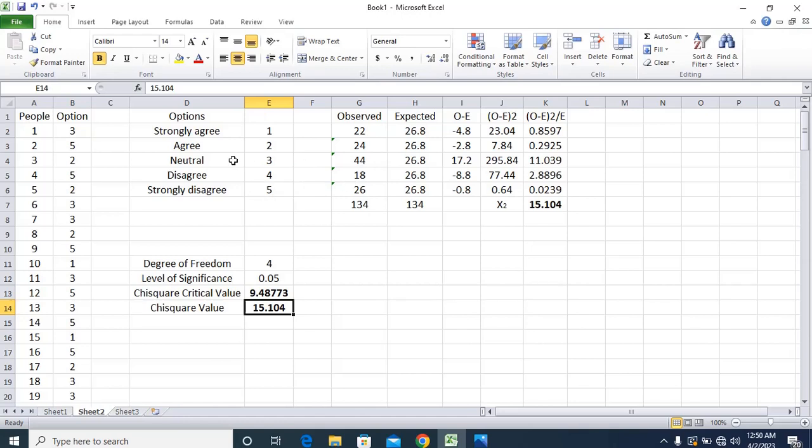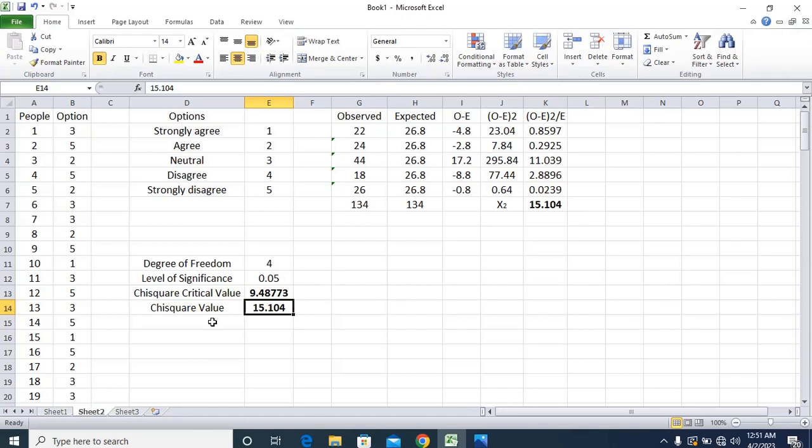You can see over here that neutral is selected many times as compared to all the other parameters. So when there is a big difference between different options in the questionnaire, then the null hypothesis is rejected. If the observed value is almost equal to the expected value, then the null hypothesis is accepted. Then that is nearly the average.